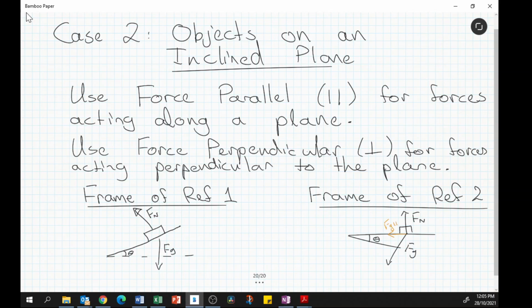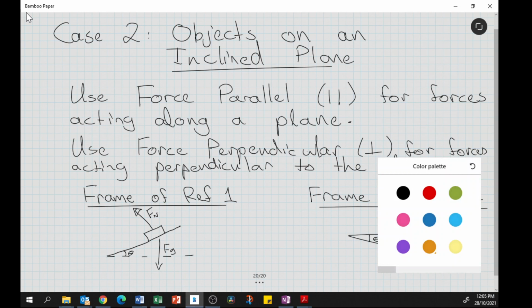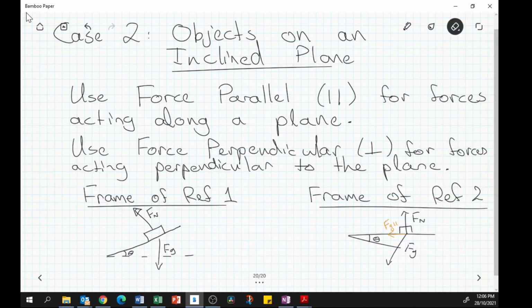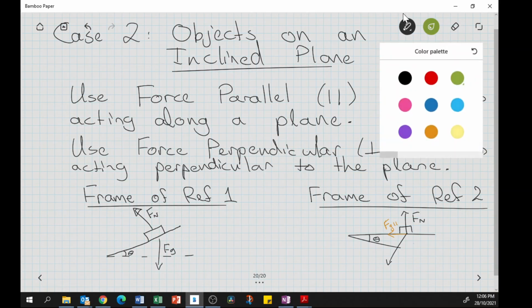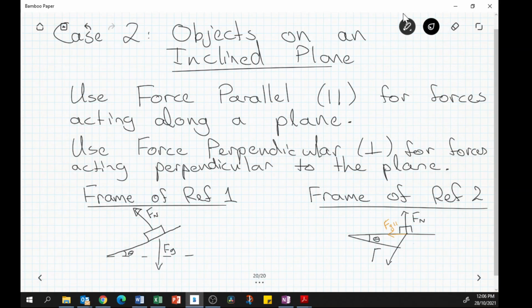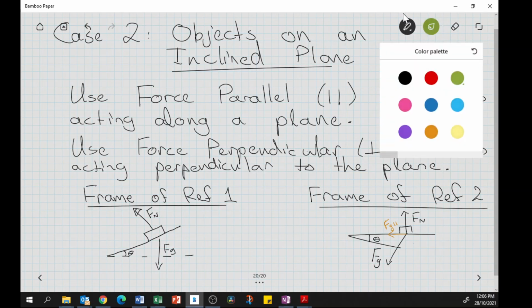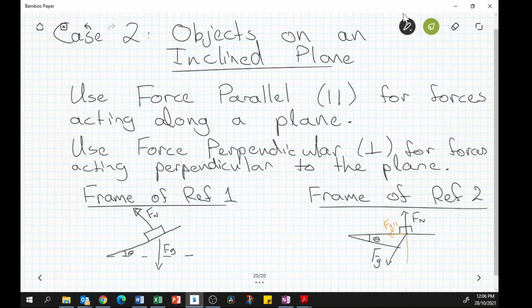FG parallel to the plane. And orange, and we'll do green. Move my FG. FG perpendicular to the plane.